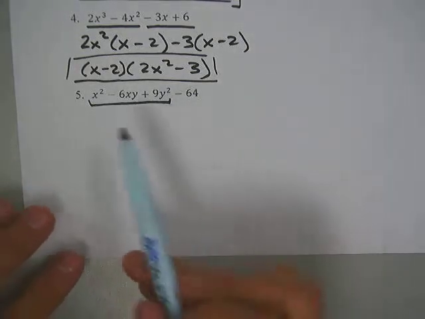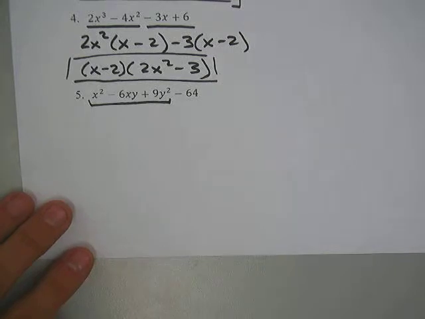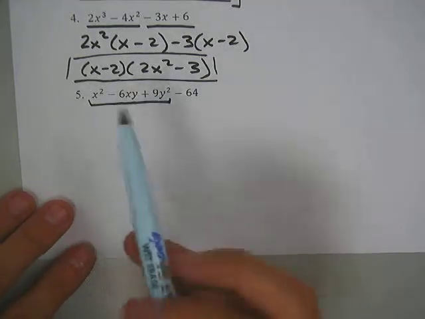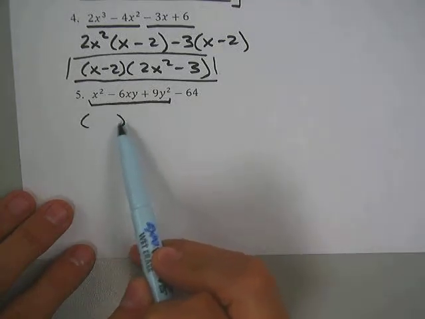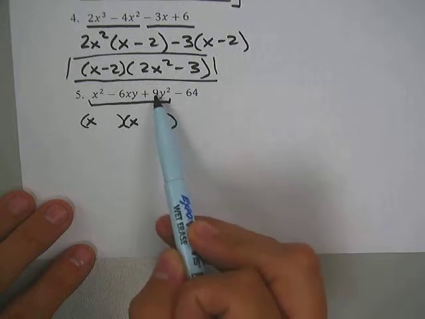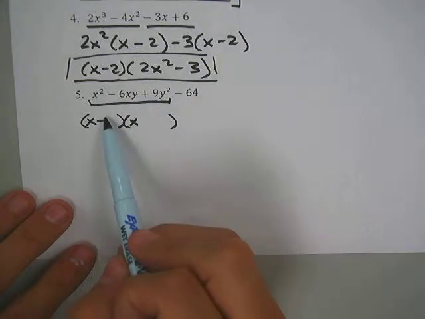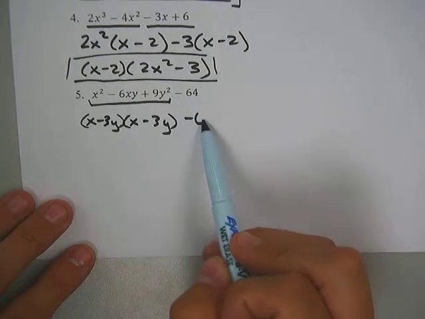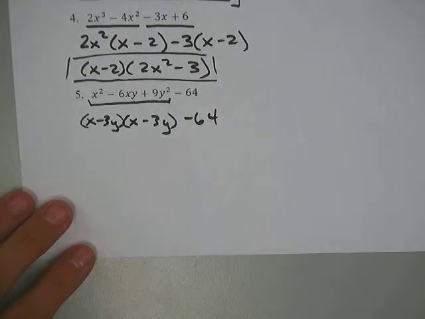So another strategy is to look at the first 3 terms. So let's look at those first 3 terms. And what do you notice about these first 3 terms? Well, those first 3 terms make up a trinomial, and I could actually factor that trinomial. So I'm going to try and do that. So x and x, and then I'm going to use factors of 9y squared.